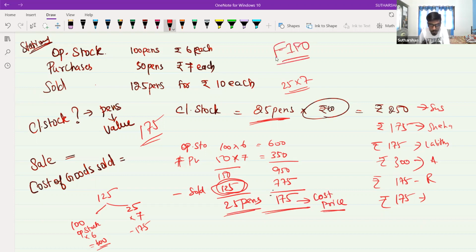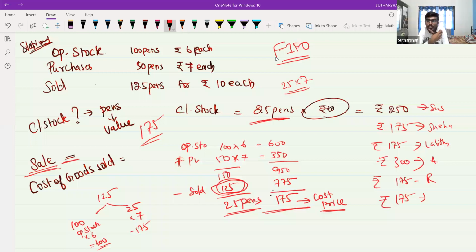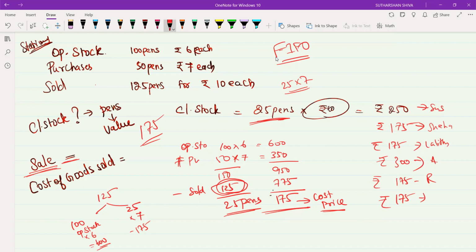Okay, and the concept works. Okay, next, what is my sale value? 1250. So Susurita, what is your answer? 1250. Lalita? Sir, 1250.